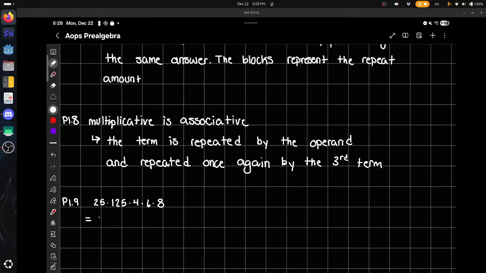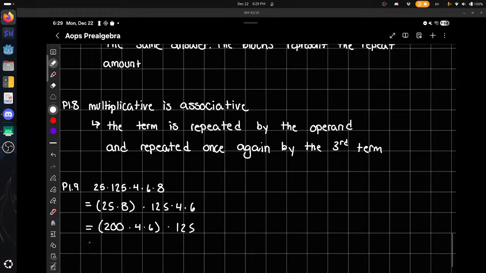So I guess my best bet would be to group or move the 8 to the 25, group that, and then leave the rest of the terms alone so we can get 200. And then we can multiply the 4 and the 6 times 125.